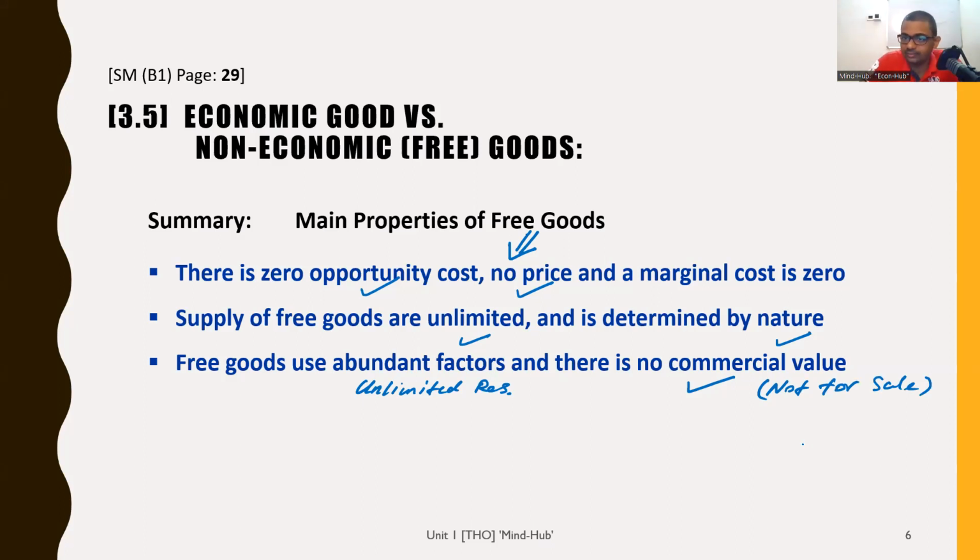Free goods are not for sale. Not offered in a marketplace. Is it clear? Then finally, obviously there is no ownership. There can't be ownership for free goods. They are naturally provided. So no ownership of free goods, non-economic goods.